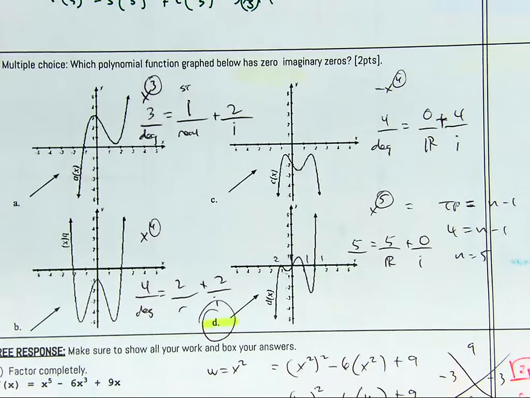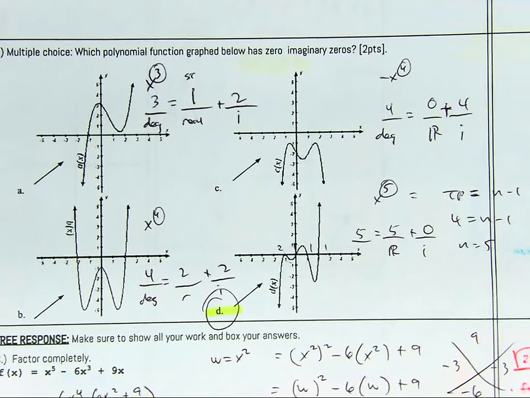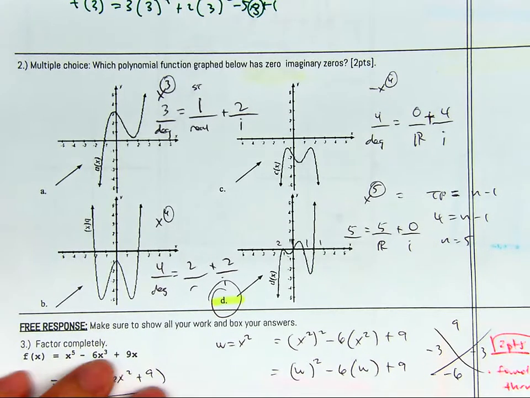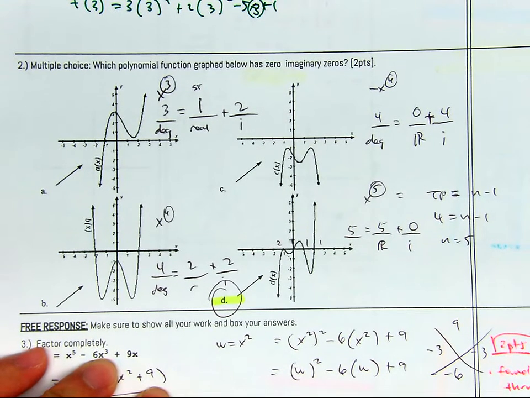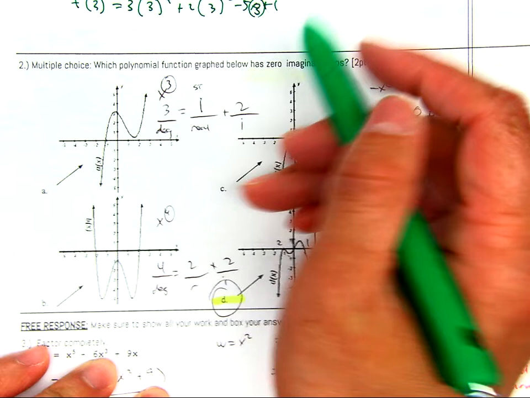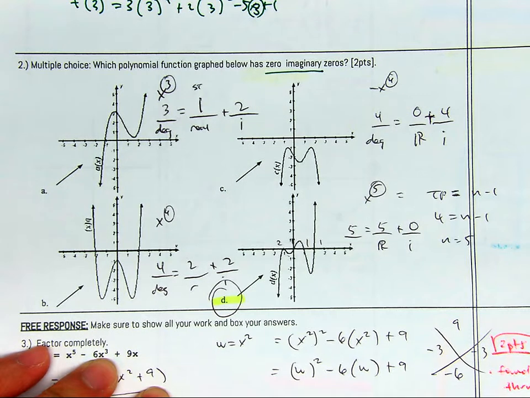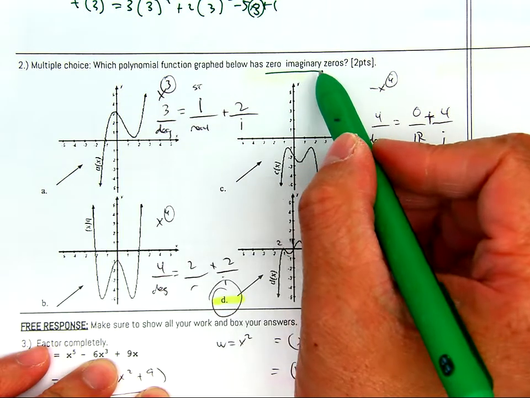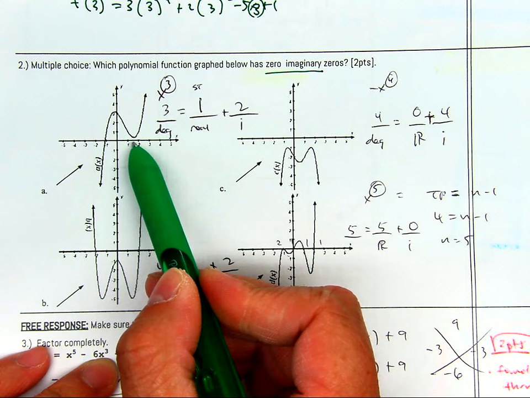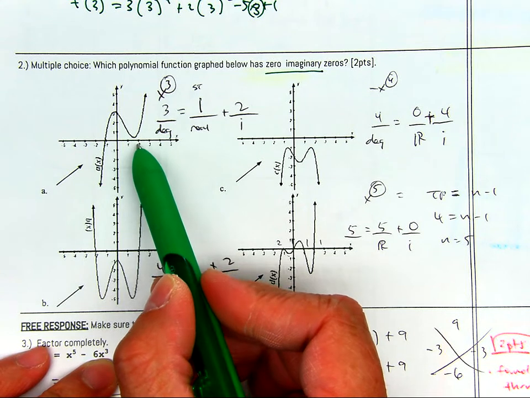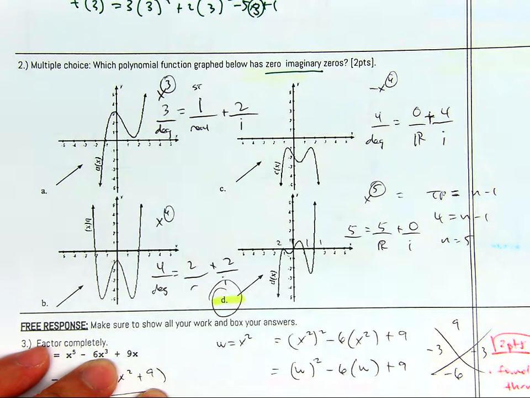Question number 2. Which polynomial function graph below has 0 imaginary zeros? Imaginary means it doesn't touch the x-axis. For example, right here would be an imaginary because it's not touching the x-axis.